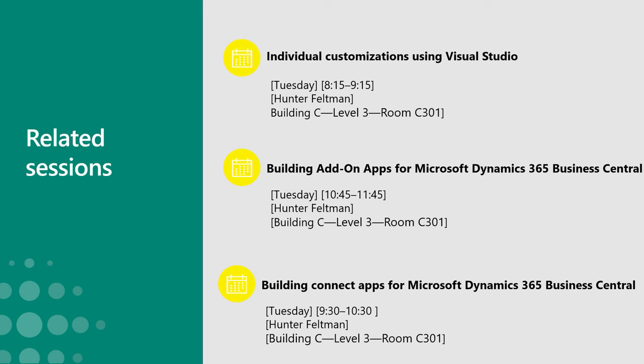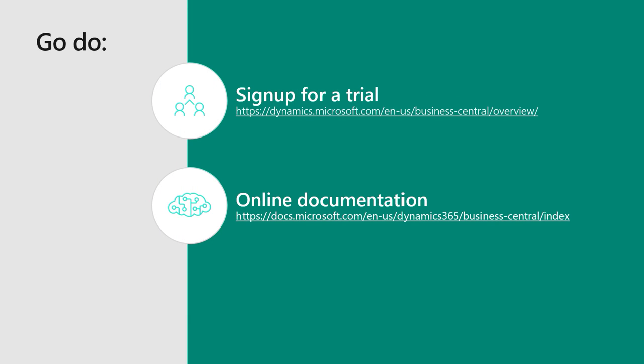We have 40-some APIs out of the box. For instance, if you have a bank service and you want to connect it to Business Central, that's where that is. So just so you know, those sessions are going on tomorrow.